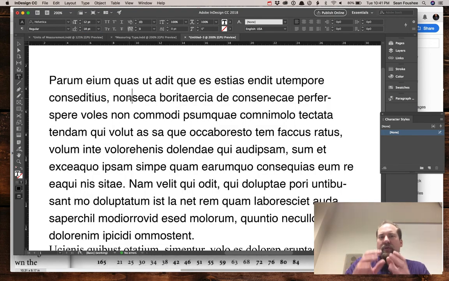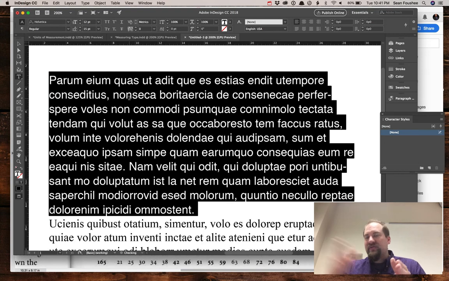However, there is an upper end when it comes to leading. You don't want to go past this particular point. And that point is, if you look at the font size, in my case, I'm using a 12-point font, you multiply that by 1.5. So in this case, 12 times 1.5 is 18. I don't want to go past 18.